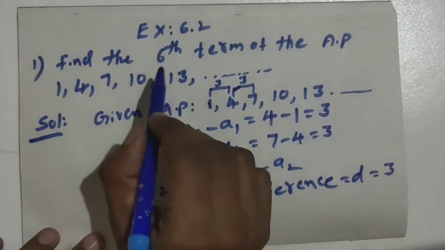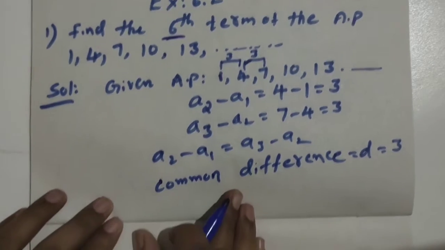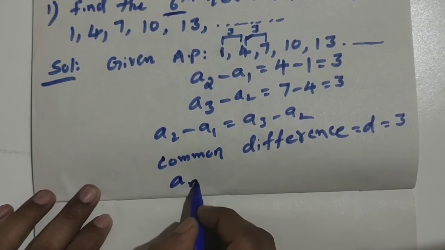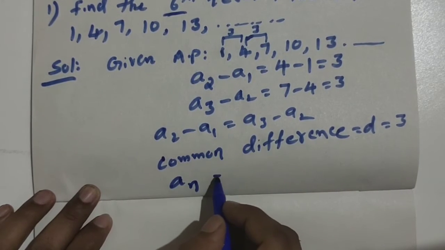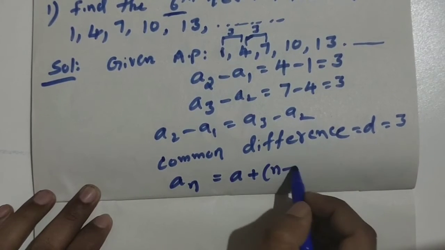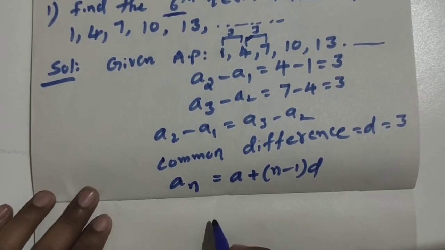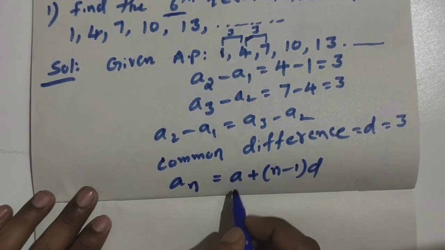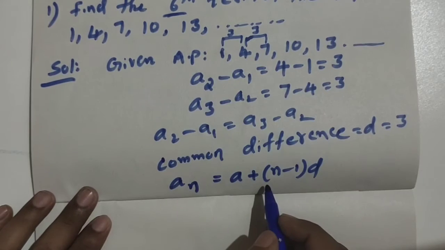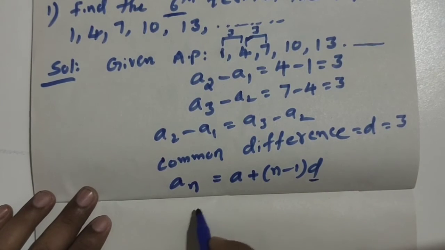Okay. Now here we need to find the sixth term. For that we need the nth term formula. That is, the nth term of an AP is An is equal to a plus n minus 1 into d, isn't it? Here a is the first term, n is the number of the given term, and d is the common difference.